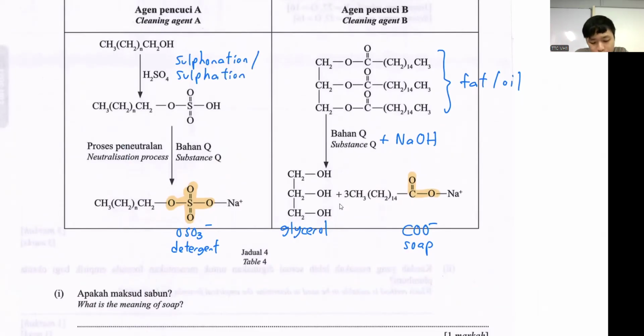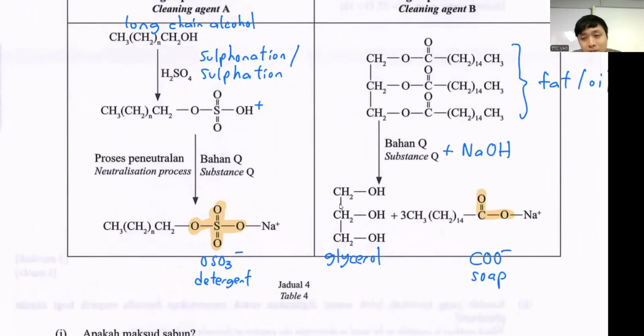You add sulfuric acid into a long chain alcohol. React with H2SO4, then you get this. This is actually an acid, one kind of acid. You got H plus here, which is an acid.